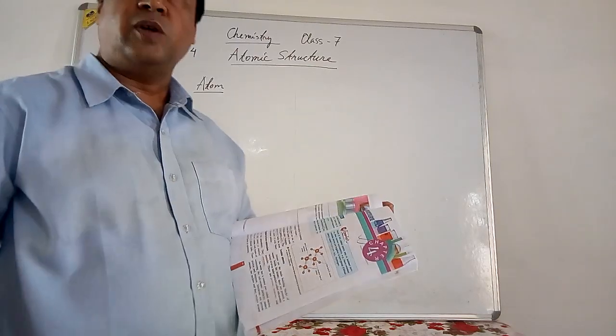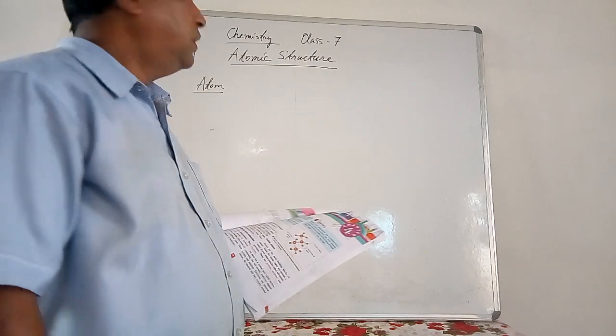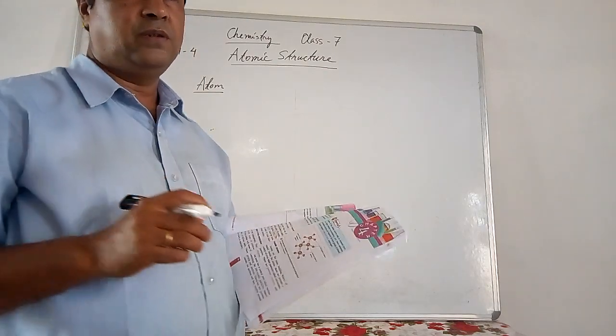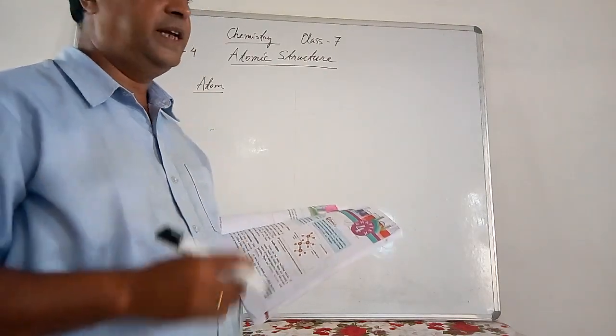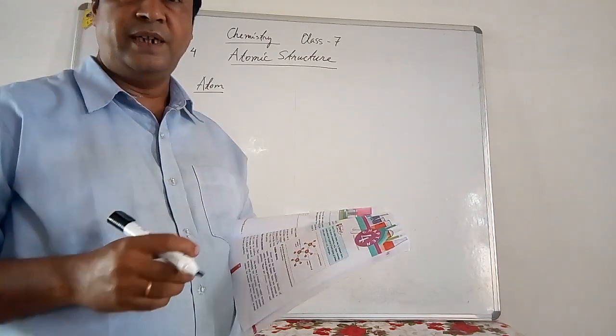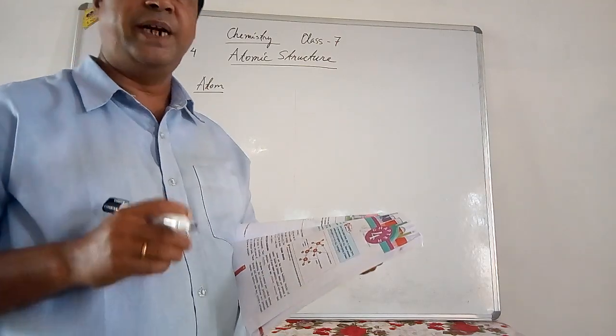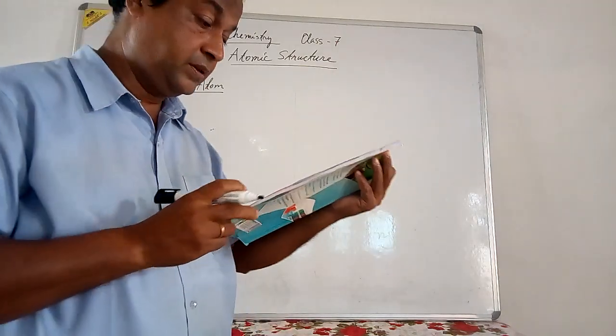A molecule of an element is made up of only one type of atom, and a molecule of a compound is made up of different types of atoms.